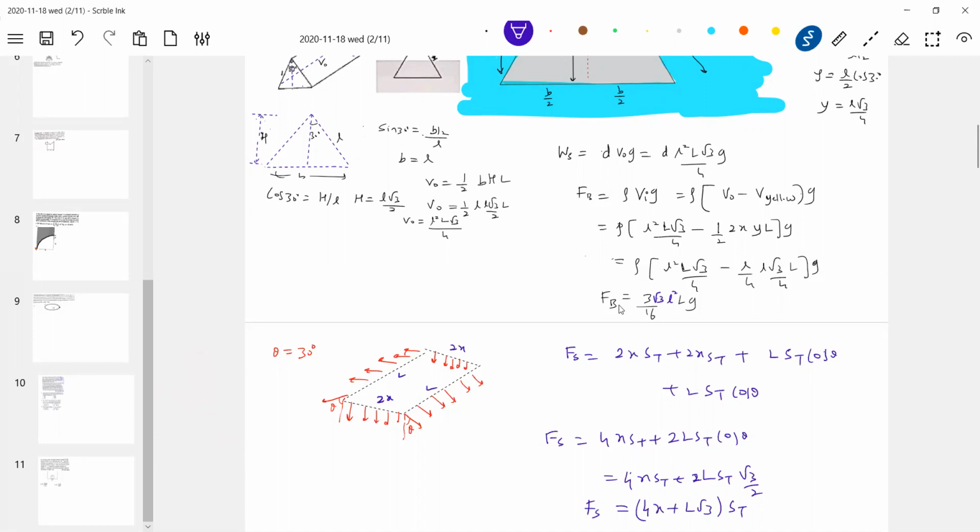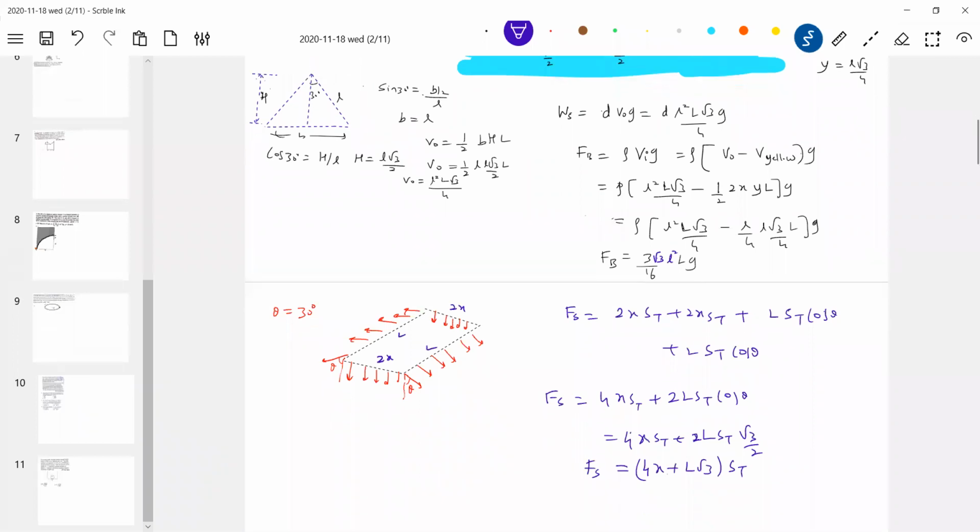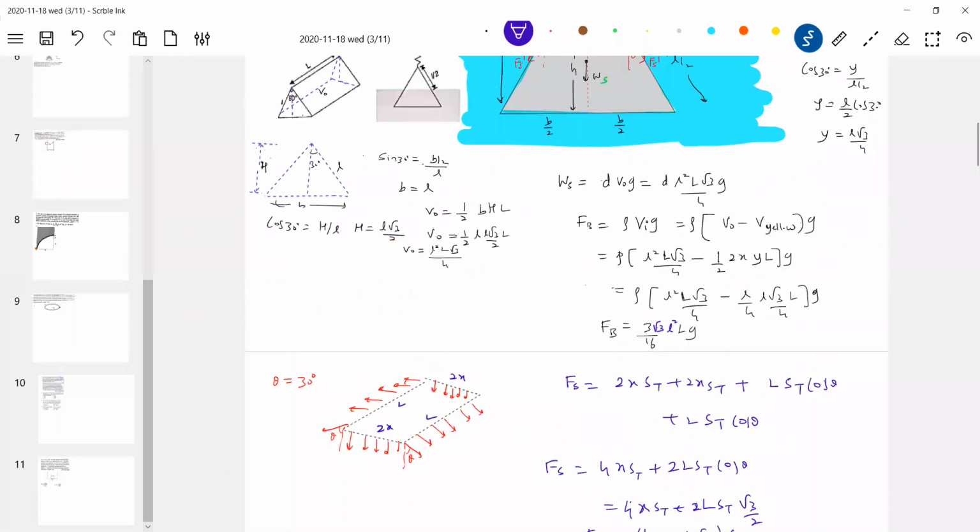Okay, let's equate all the forces. What are the forces that are acting? Four x plus L root 3 times surface tension, I took outside common. Somebody is asking about 4 surface tension. What is that? Okay, sir, understood. No, equate forces. So what are the forces?